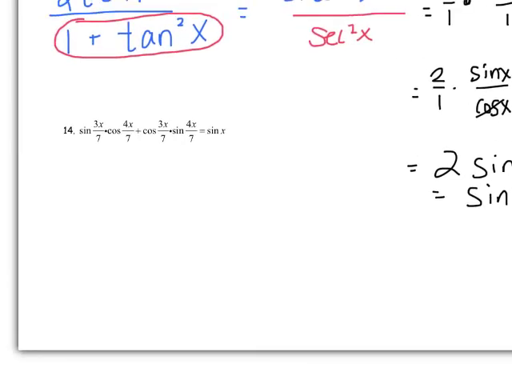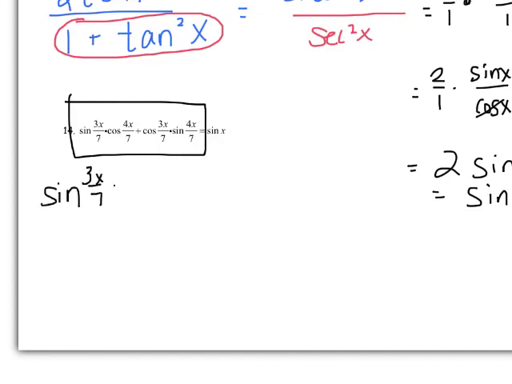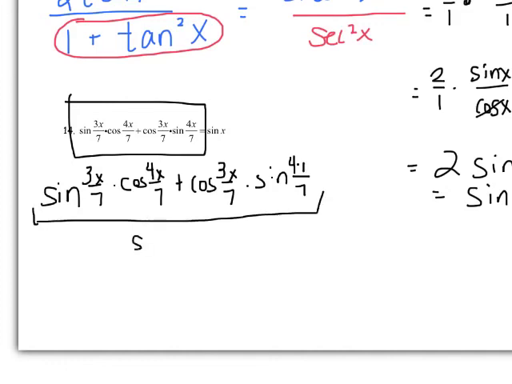All right, number 14. This is actually a lot simpler than it looks, because if you take this whole sine and you match it up to an identity, this matches to sine of a plus b.